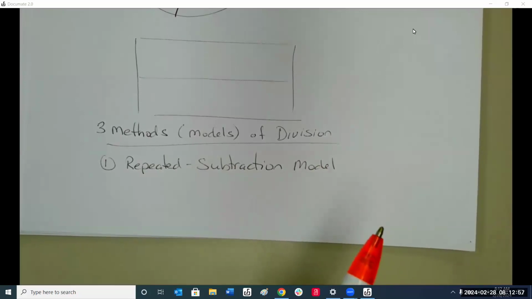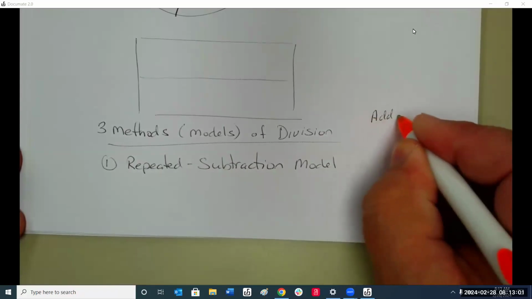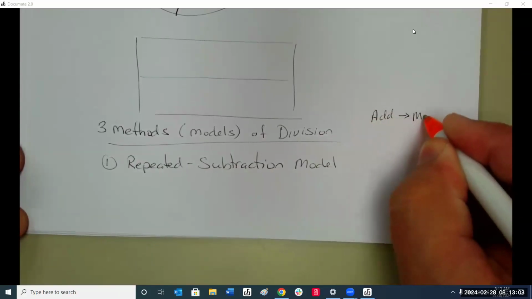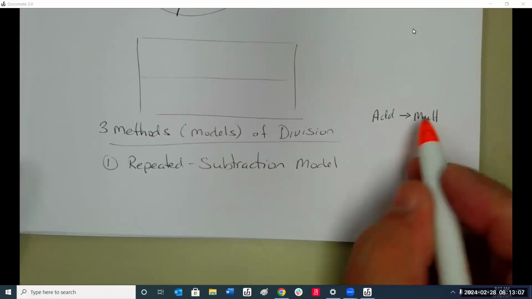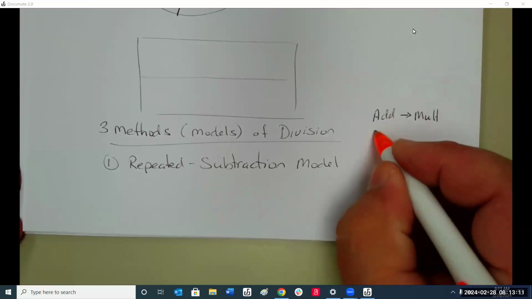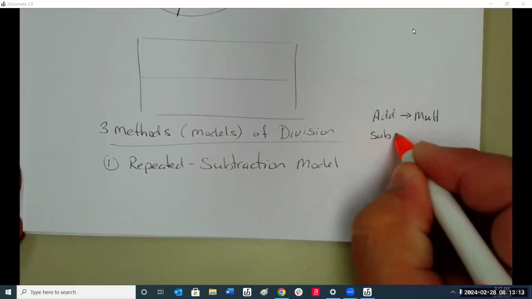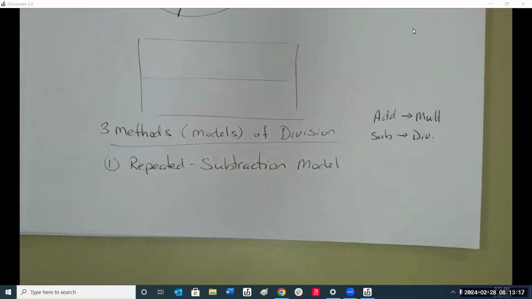Remember what I said last class, that addition matched with multiplication, because multiplication is multiple additions. Now subtraction matches with division, because what we're doing here, when we're dividing something, we're taking one set and subtracting bits and pieces of it out equally.